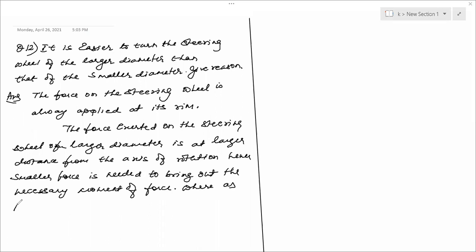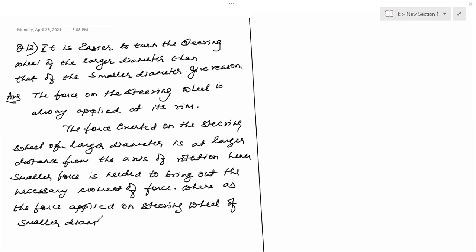Whereas the force applied on the steering wheel of smaller diameter is at a smaller distance from the axis of rotation.